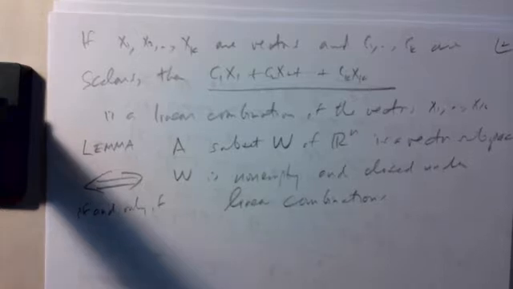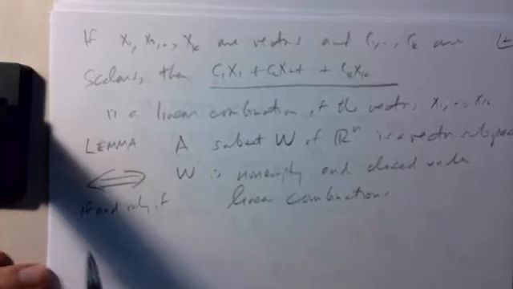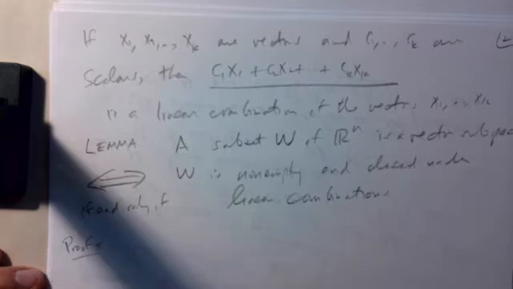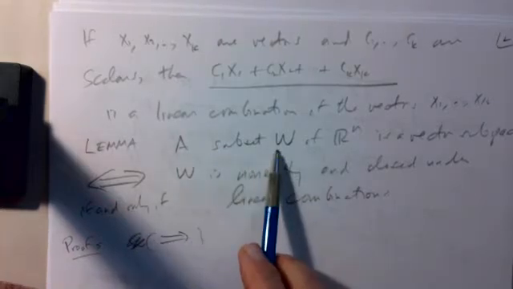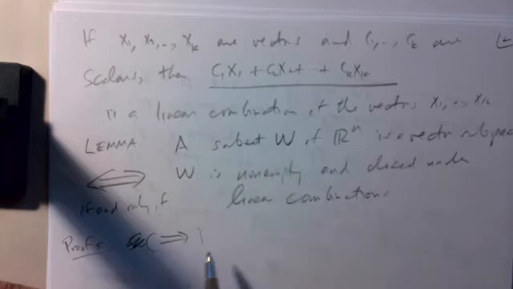So again, in 300 level math classes, we have to learn how to give proofs. So let's prove that in this direction. If W is a vector subspace, then it has these properties.